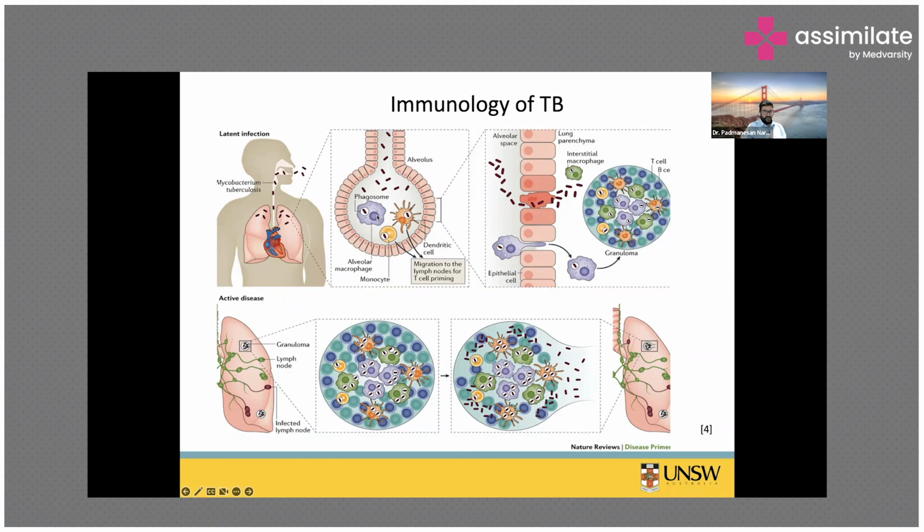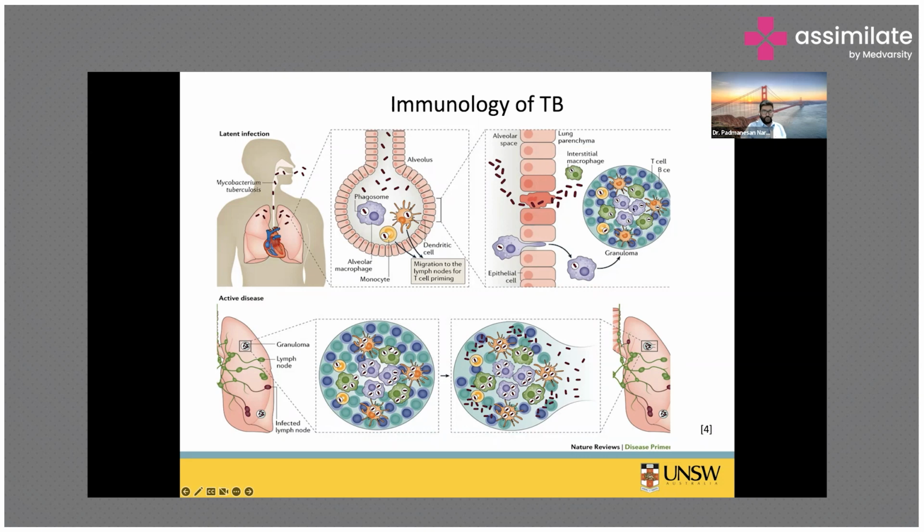Once they are not able to contain it, they call for more help, and that's where monocytes and dendritic T cells come and try to help our immune system. In spite of that, the Mycobacterium tuberculosis bacilli can outnumber the immune system, and then they start breaching the alveolar spaces.